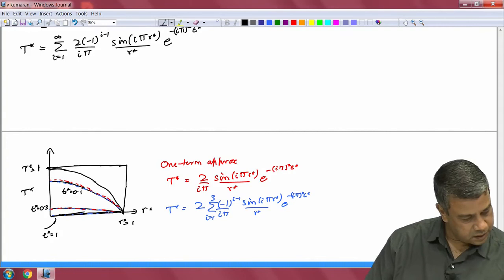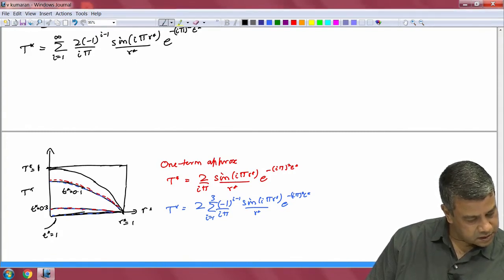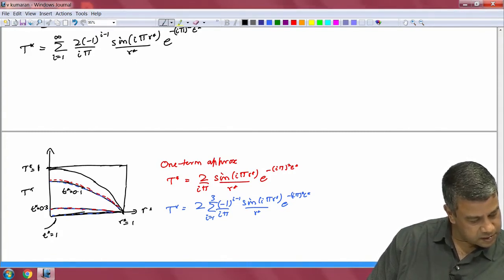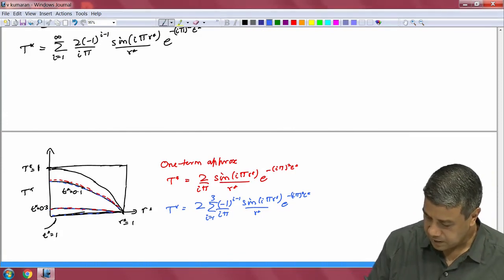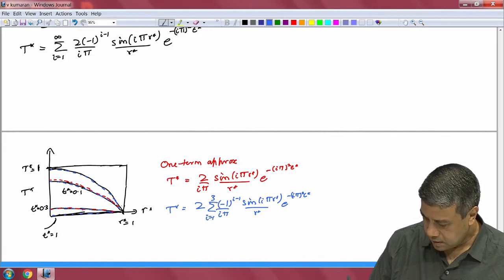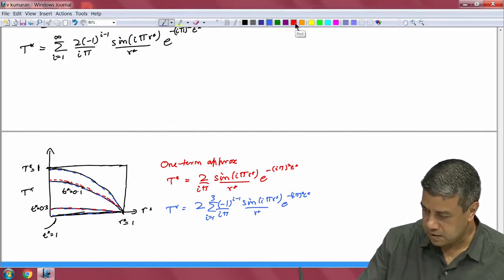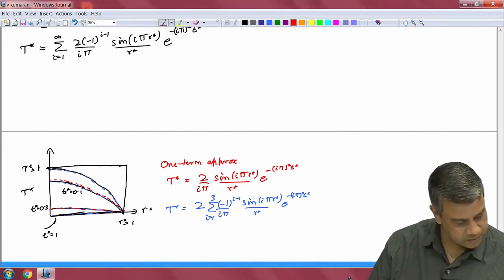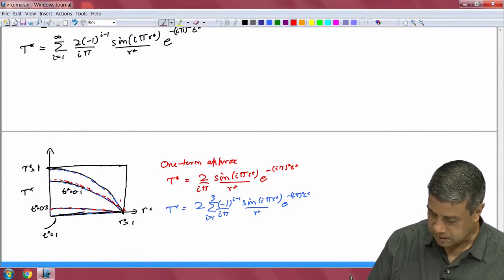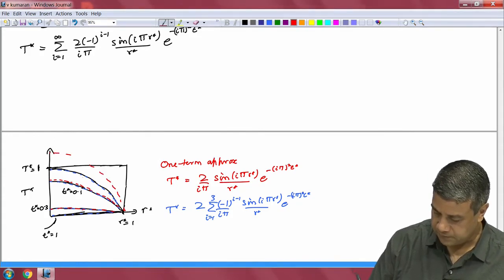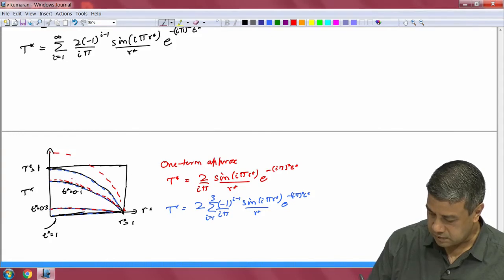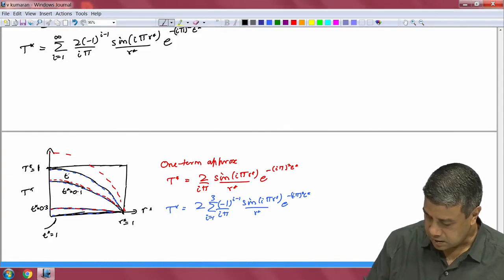In this case, the three term approximation still gets the temperature reasonably accurate, whereas the single term approximation is quantitatively different. The single term approximation actually gives you something that goes like this. This is at t star equal to 0.03.